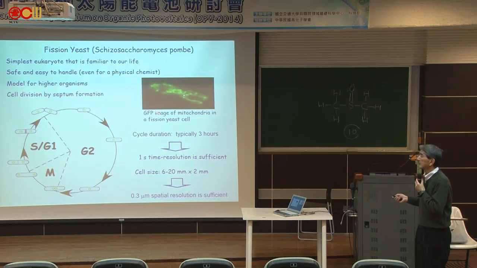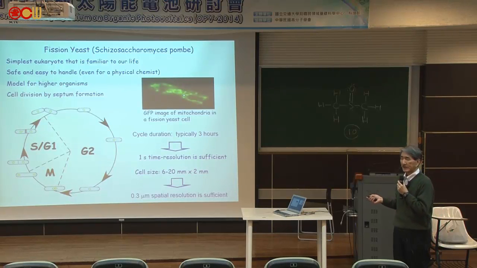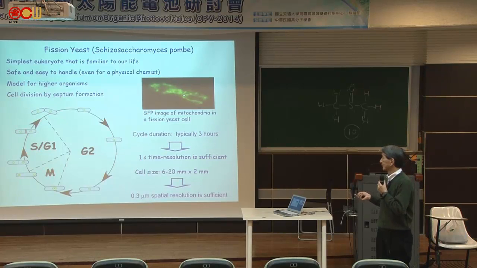This method is very extensively used in biology. And a few years ago, a Japanese professor called Shimomura got the Nobel Prize for finding GFP. Some of you remember. But it took 40 years for Professor Shimomura to get the Nobel Prize after his discovery of GFP. But as I said, in Raman, it's only 2 years.